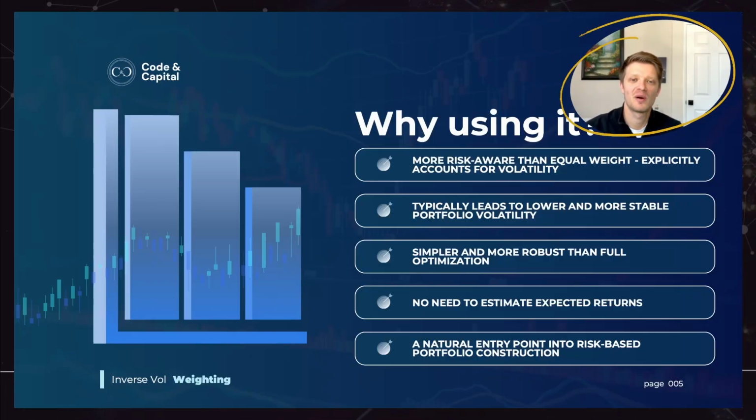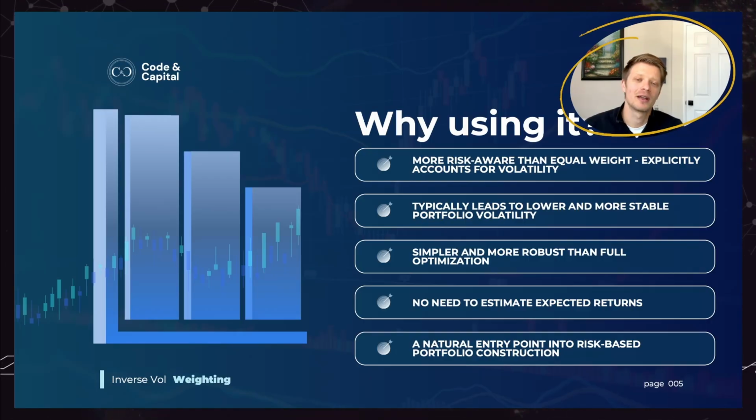Before we jump into our full backtest using inverse volatility weighting on our multi-asset strategy over time, I want to quickly mention why investors use it and why you should know about the inverse volatility weighting strategy. First of all, inverse volatility weighting is often the first step into risk-based portfolio construction. It is simple enough to implement.